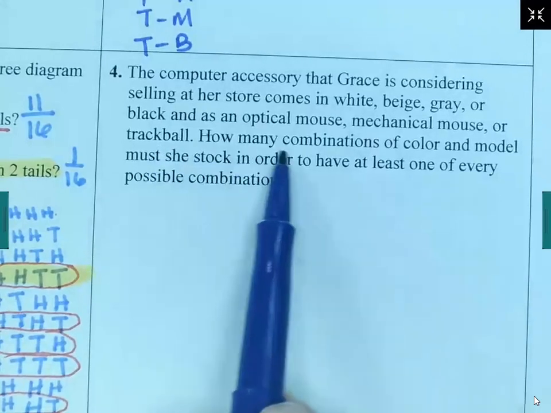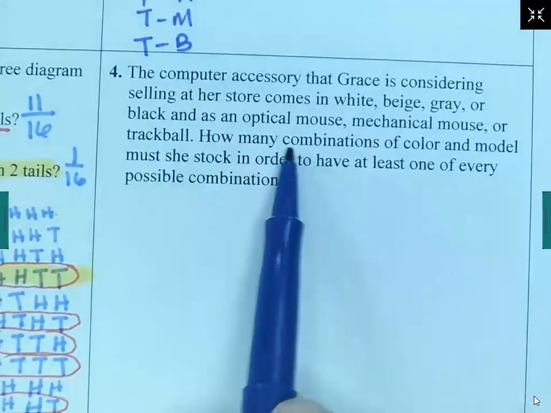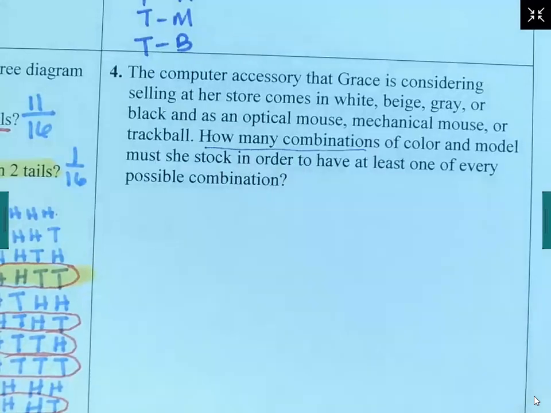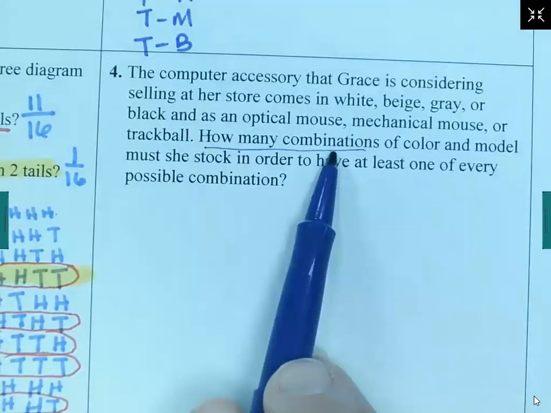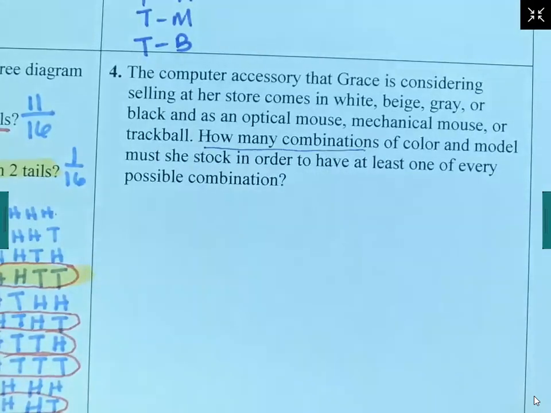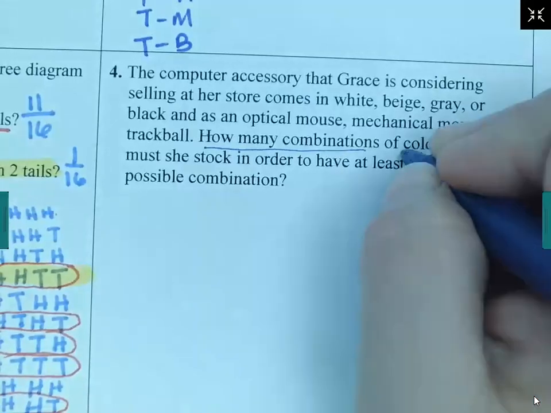How many combinations of color and model must the store stock in order to have at least one of every possible combination? Okay, let's just look at the question. It asked how many combinations. It didn't say we had to make a list or trees. It just wanted combinations.